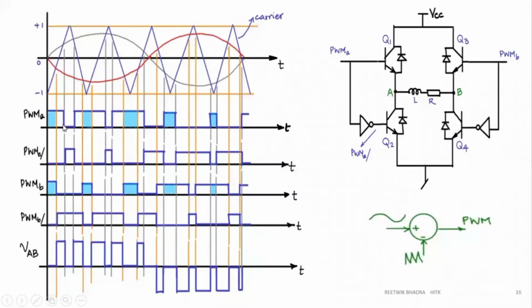That's why I'm getting a pulse over here. During this period in the first figure, from this point to this one, my blue line is greater than the ash color line. That means my triangular wave is greater than the sine wave. So it will give an output low over here in the output of the PWM. So this is low over here, and so it goes on, continuing over here.